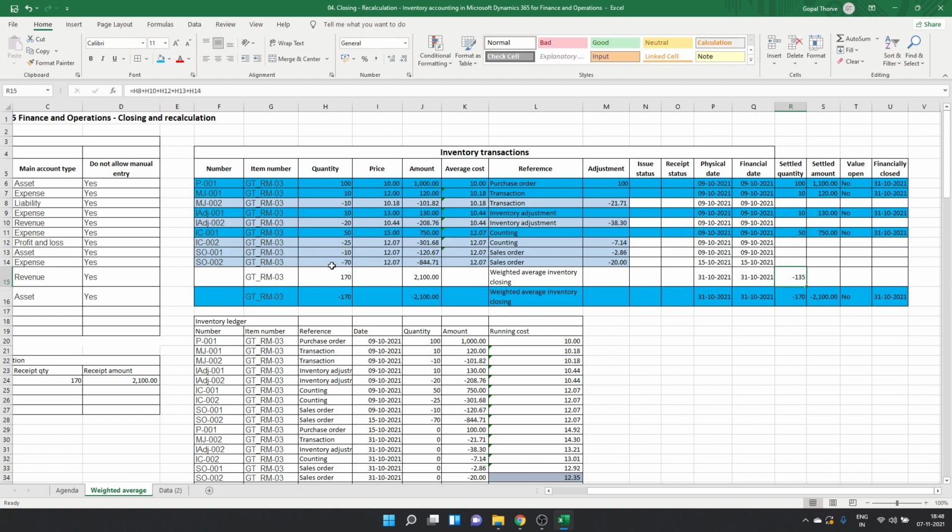It is 135, right? So 135 quantity is settled.